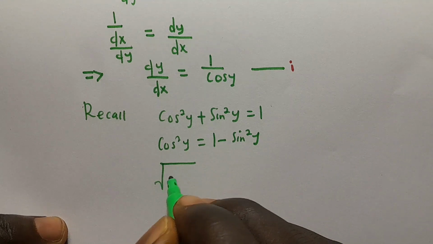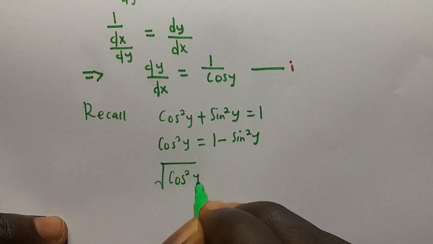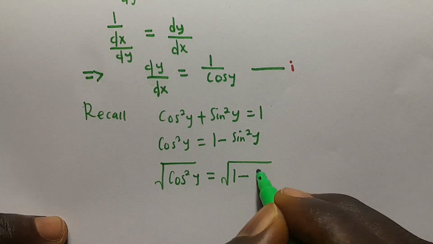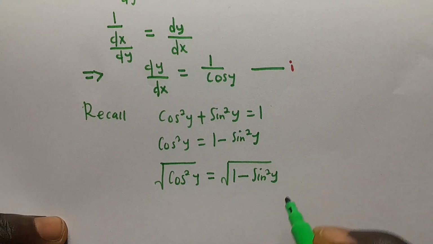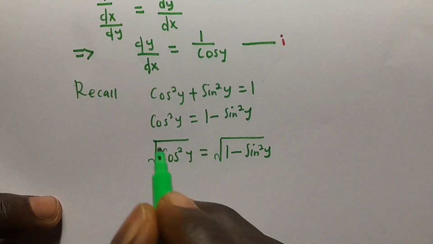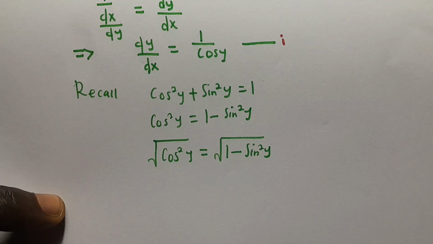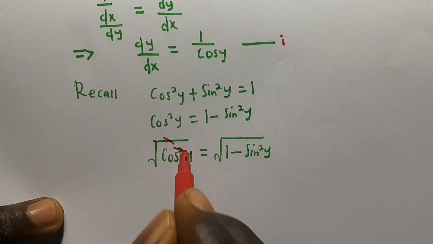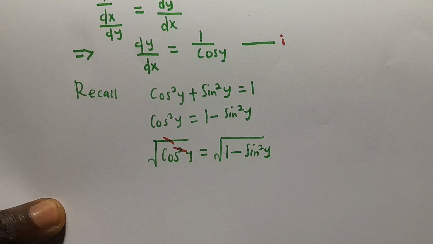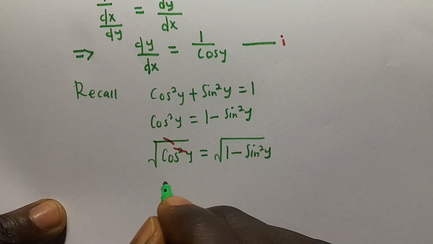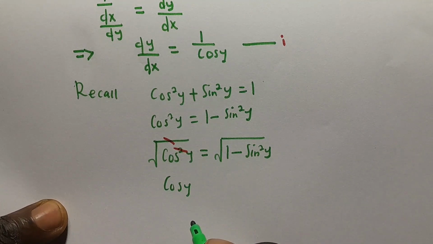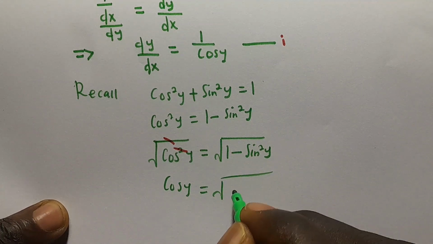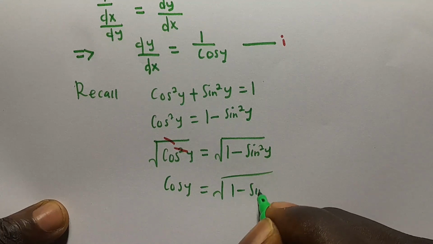We have the square root of cos squared y equals the square root of 1 minus sine squared y. The square root will cancel the square. So therefore we have cos y equals the square root of 1 minus sine squared y.